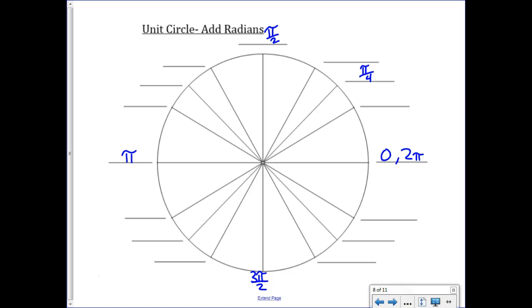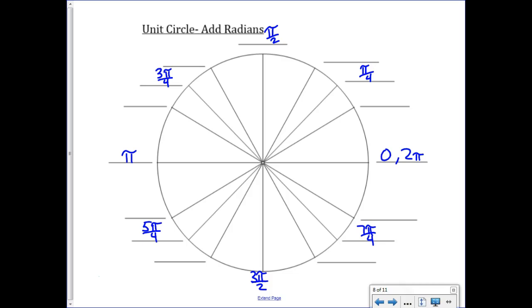So then we have 1 pi over 4, 2 pi over 4 is pi over 2, 3 pi over 4, and 4 pi over 4 is pi. Then we get 5 pi over 4, and 6 pi over 4 is the same as 3 pi over 2, and then 7 pi over 4. 8 pi over 4 happens to be 2 pi, and we're back around to where we started.